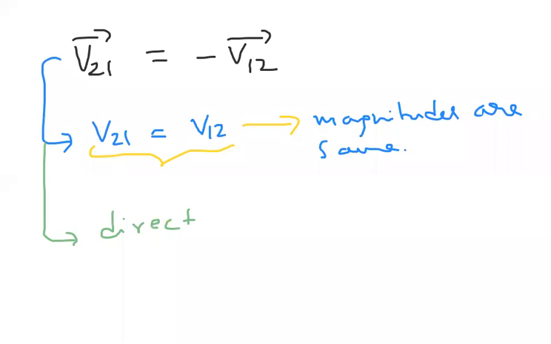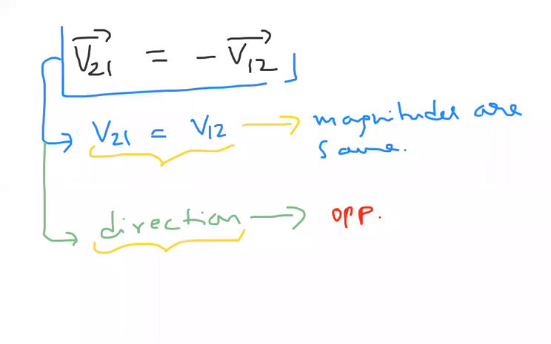That is the main statement to be known about V12 bar and V21 bar. This is the idea about relative velocity, the base information.